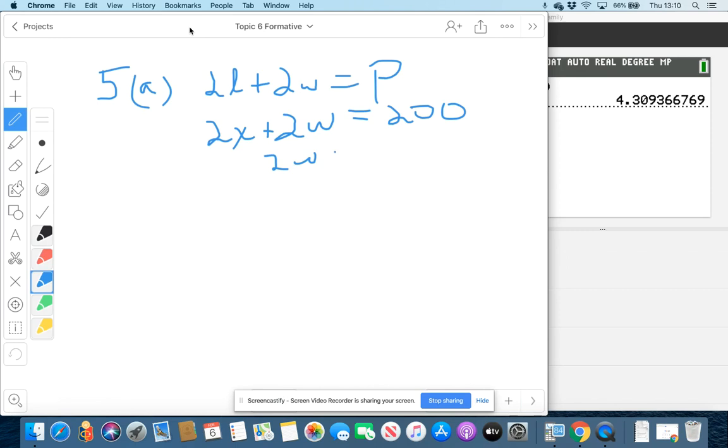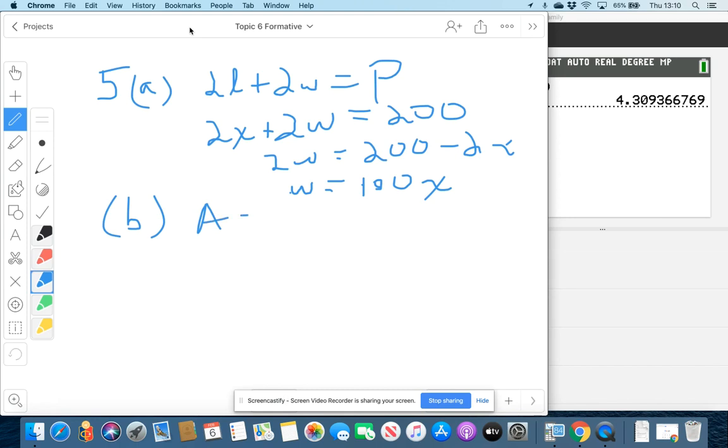Solve this equation for W. Subtract 2x from both sides. Divide both sides by 2. And we have what the IB would like us to have, which is 100 minus x. So this is the width, and the length was x. If we want to plot the area as question B asks, it's just length times width, right?